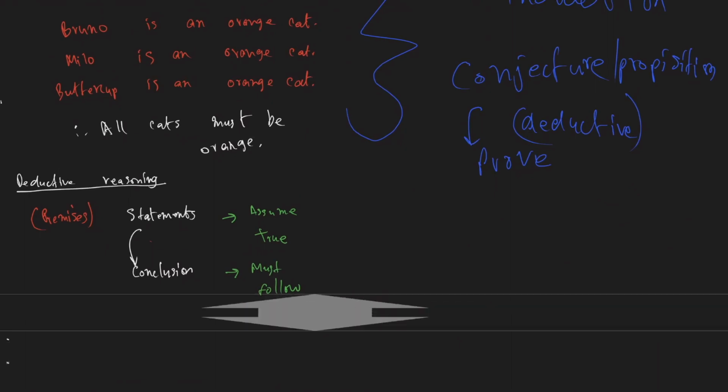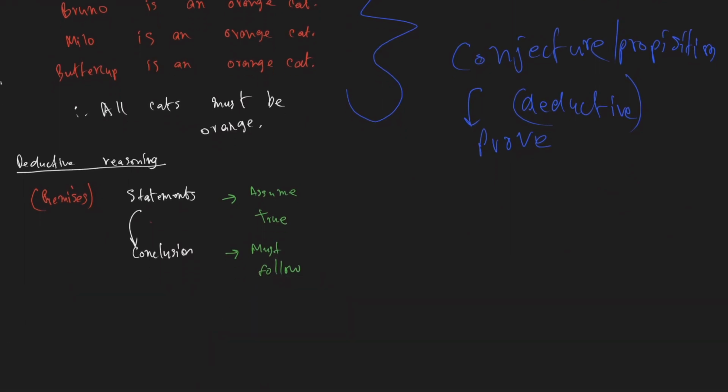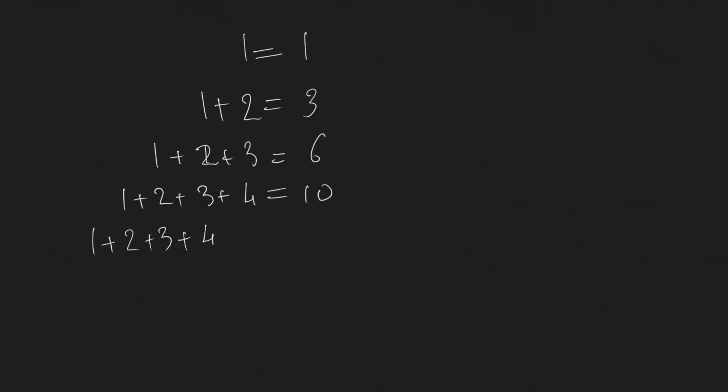So let's say you have a bunch of data. So here's your data set. Now we can also write these numbers like this. So I can write 1 as 1 times (1 plus 1) over 2.